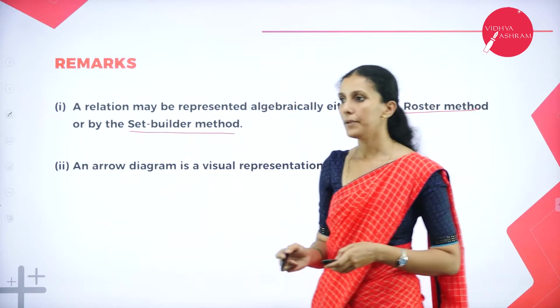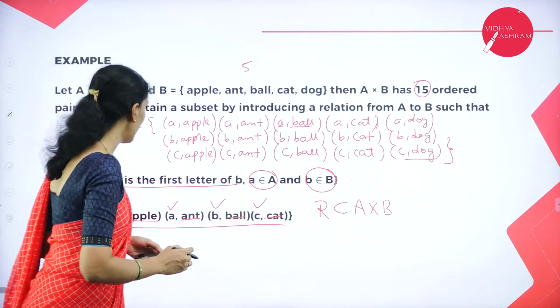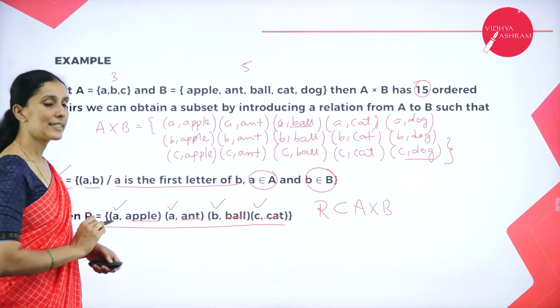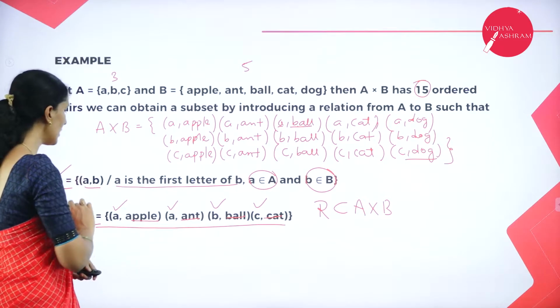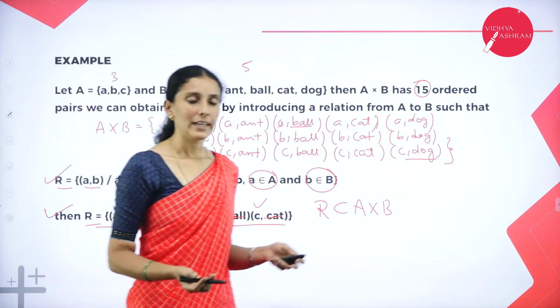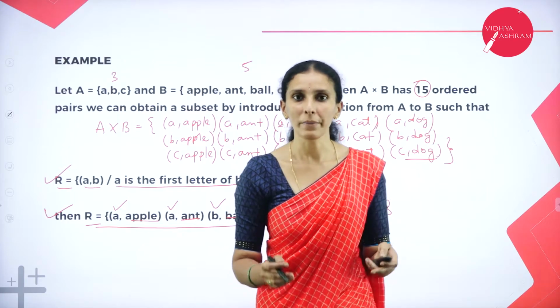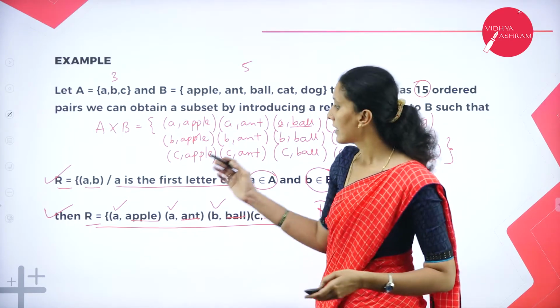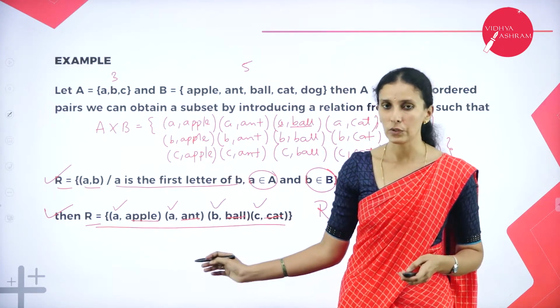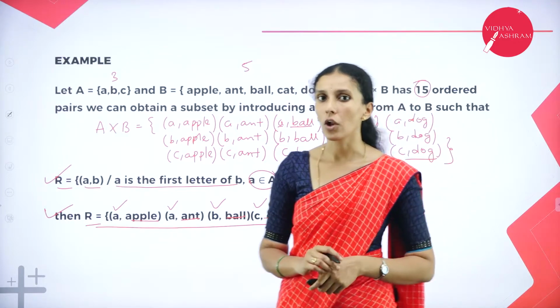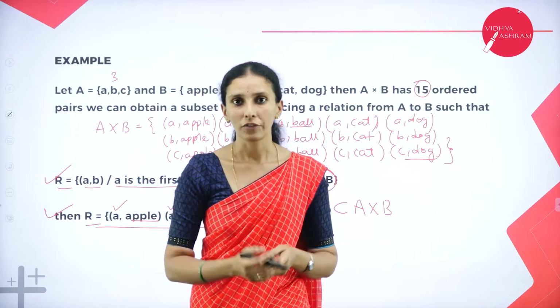So for example, in our previous example, this is the set builder form and this is the roster form. Since a set can be represented in 2 ways, set builder and roster, the relation can also be represented in either form.